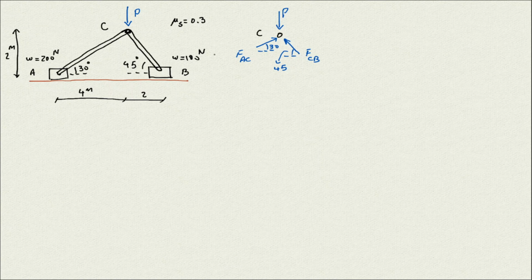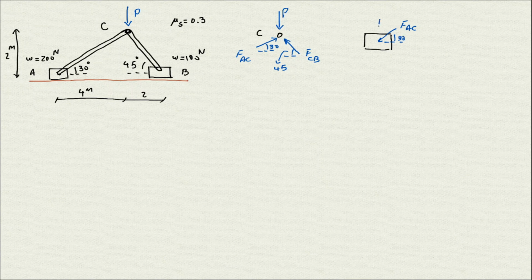And then I will go ahead and draw the block A, to see what's happening for the block A. What we have is the external forces on that. The forces we have: the FAC, which is going to be on the opposite side of that, and this angle is going to be 30.